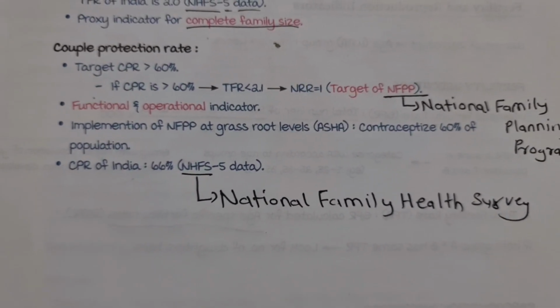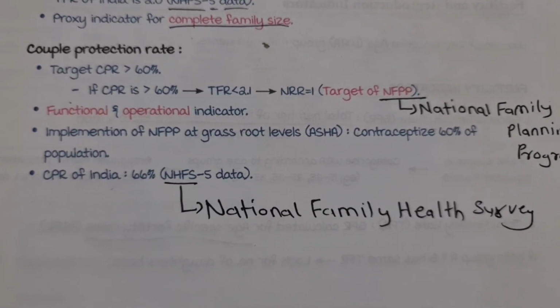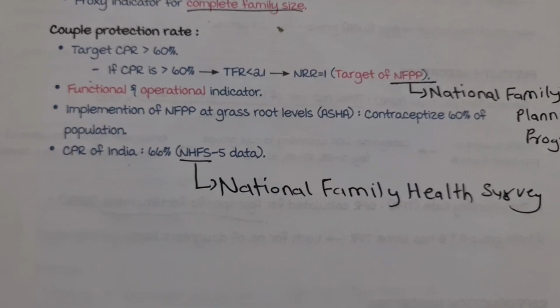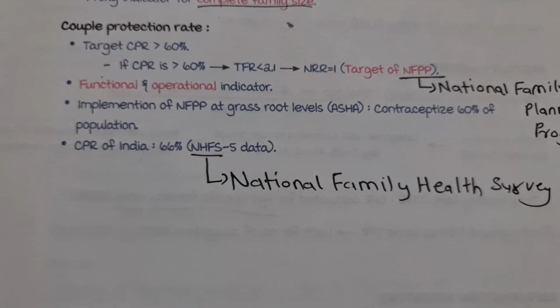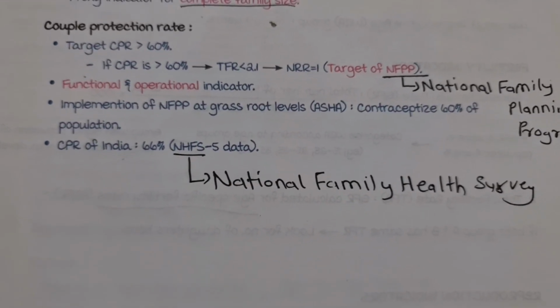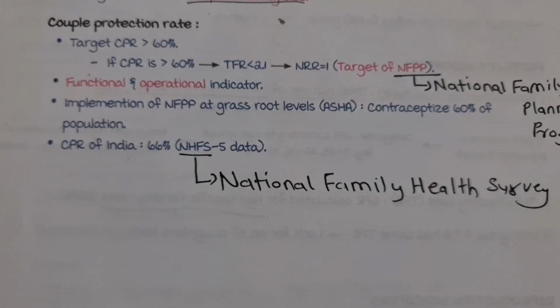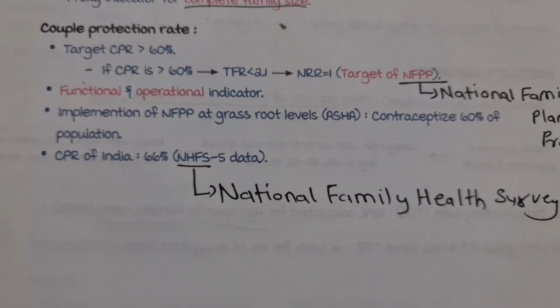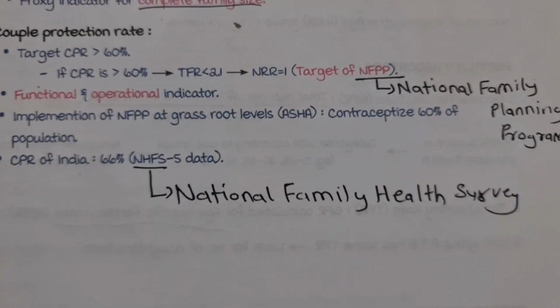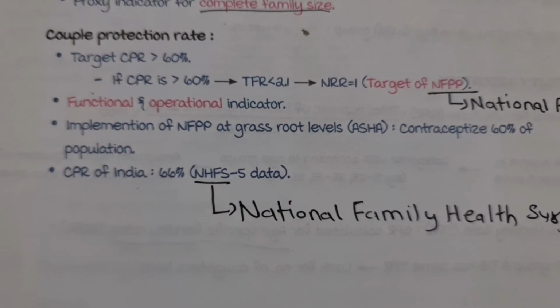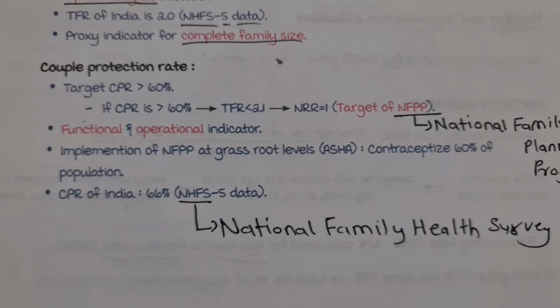So this is the couple protection rate. I want to repeat what the couple protection rate is: the percentage of couples in the 15 to 49 years age group protected from childbirth or conception by any method of contraception, and it is a very important indicator of family planning.